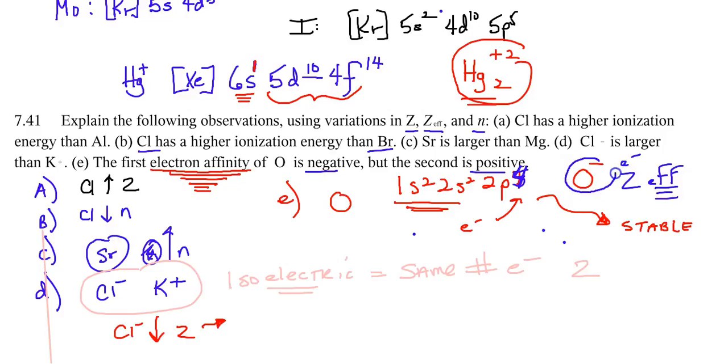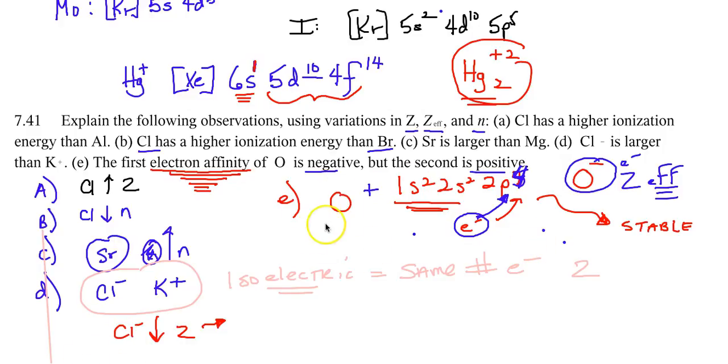Remember, this thing has more electrons than protons. So there's a lower effective nuclear charge. This electron is able to join this atom of oxygen because it feels the nucleus enough to be able to stay there and be stable.